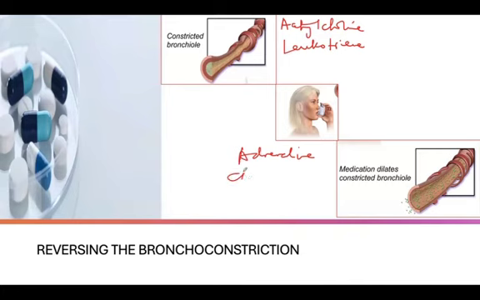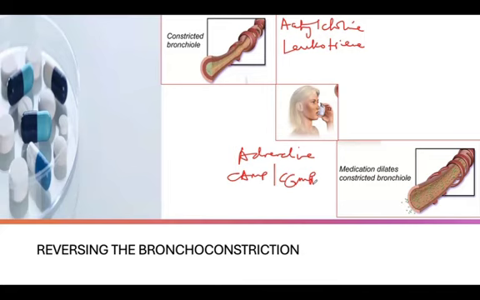Then we could talk about cyclic AMP or cyclic GMP. So meaning that if I gave a drug, the drug would either block the action of acetylcholine or leukotrienes, or the drug is going to act like adrenaline or enhance the activity of cyclic AMP and cyclic GMP.